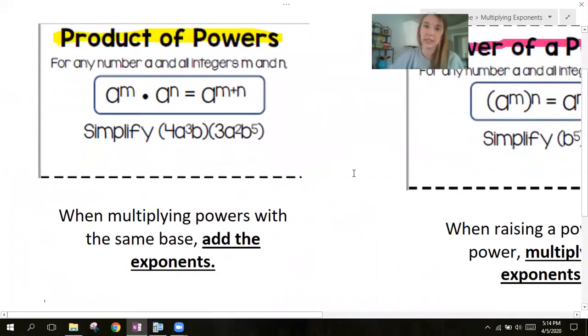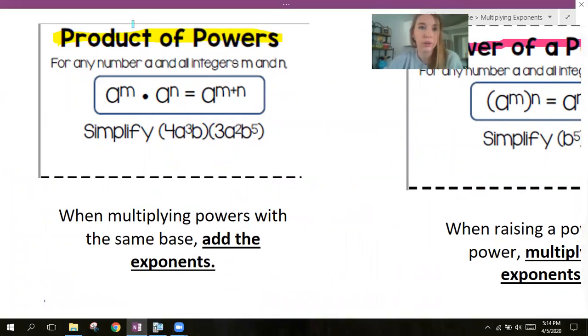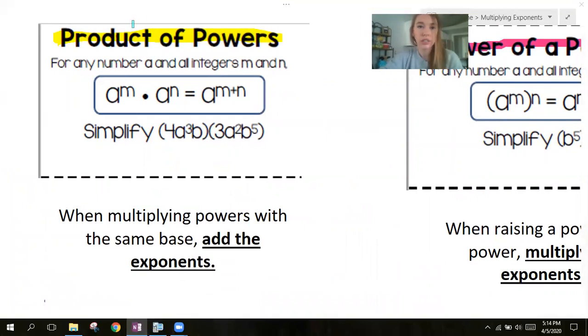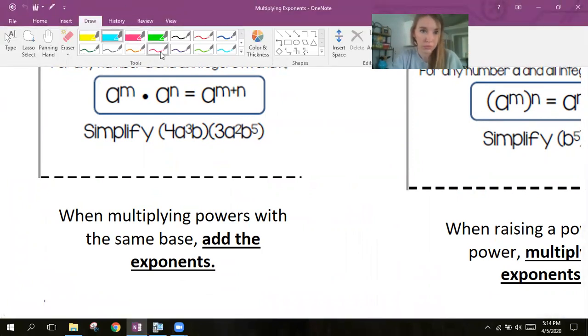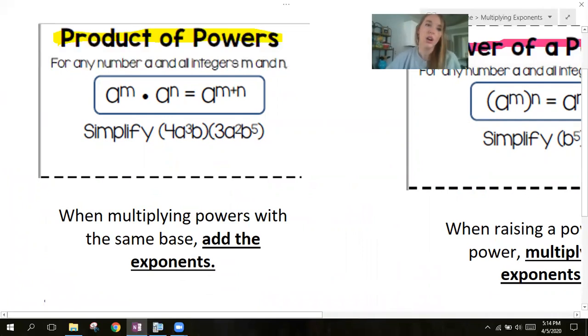So this says when you're multiplying powers that have the same base, you're going to add the exponents.